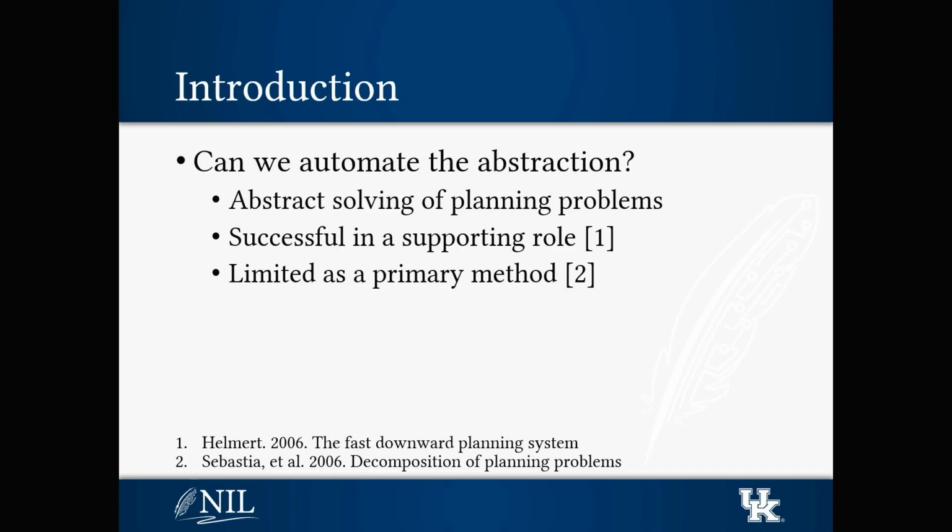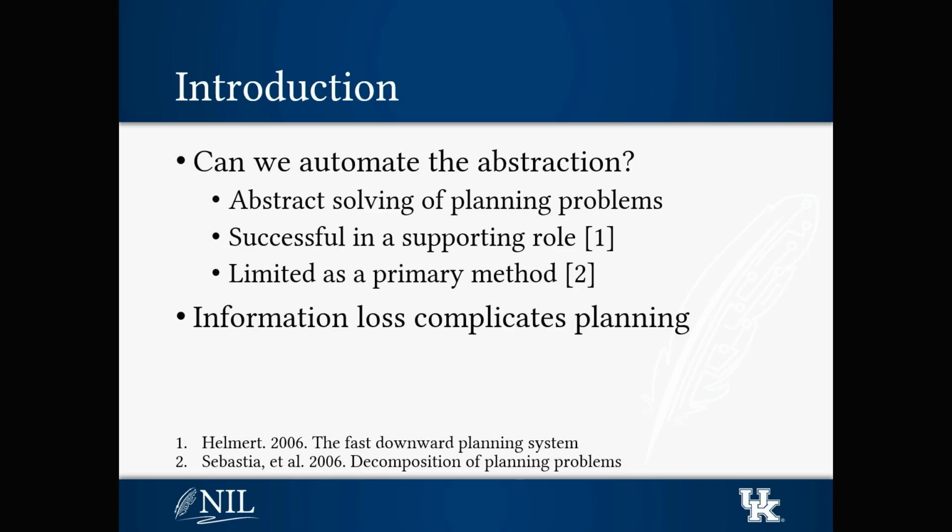Methods in the latter category present difficulties for automated planning that have limited their overall success and adoption in the community. Essentially, detail lost in the abstraction process can cause it to miss the best plans, and the time it takes to identify the subproblems can waste any gains you were going to get.